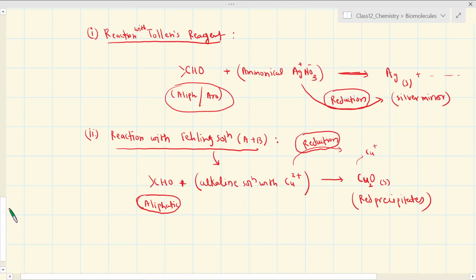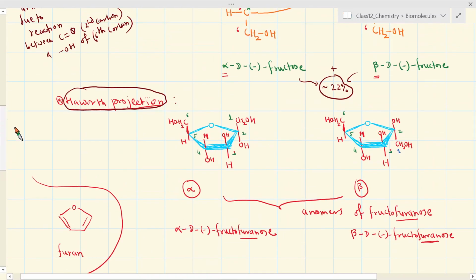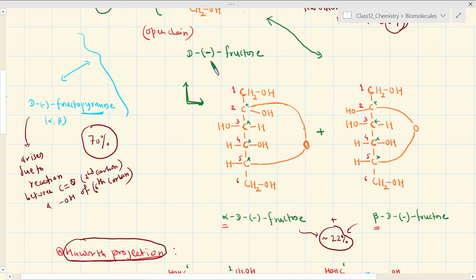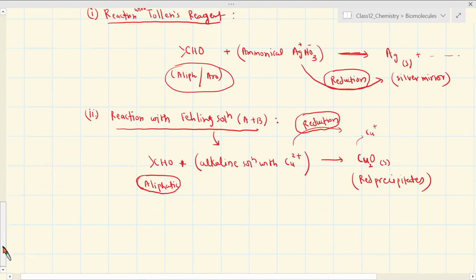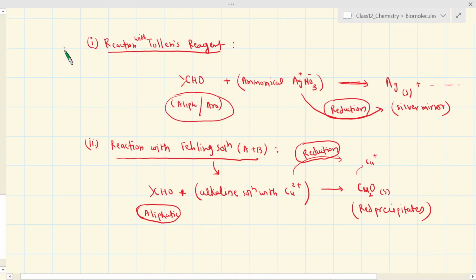Now look at your sugars. In sugar, there are aldo sugars, right? There are sugars like glucose, which is an aldo sugar. Fructose is not, but it doesn't matter. Just hold on.